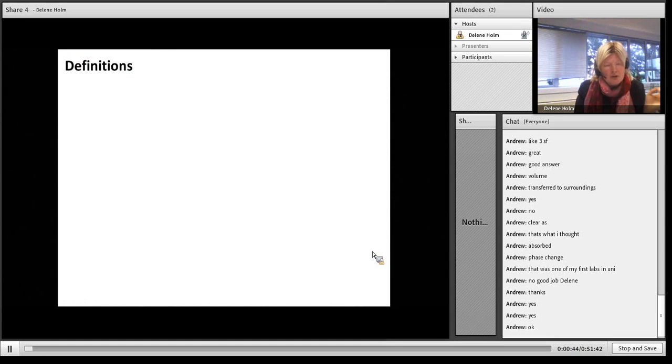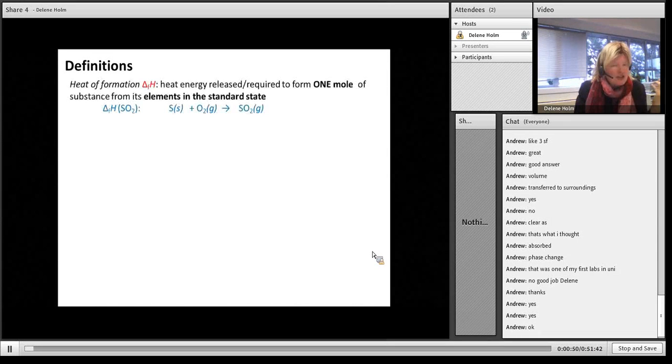You have to know these thermochemistry definitions because you must be able to write the equations based on them. The first one is the heat of formation, delta FH or delta HF. You can write it both ways. The important thing here is it's to form 1 mole of a substance from its elements in the standard state.